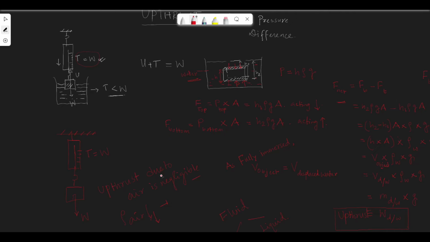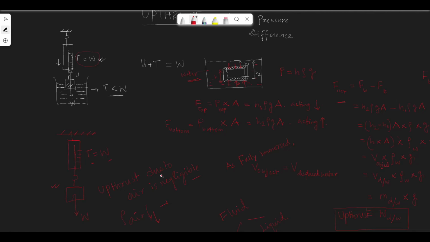For a smaller object like this wooden block, it is again tiny. You cannot compare this upthrust with the tension or weight of the object that is acting. So this is why we do not consider the upthrust. It is negligible, that is why.